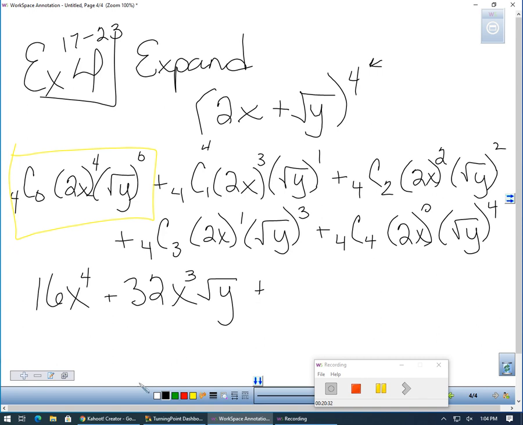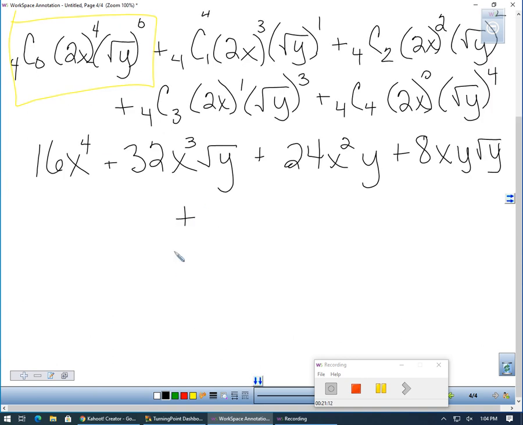Plus, this one is 6 times 4x squared, so 24x squared times y, because the square root of y squared is just y. Plus, this one is 4 times 2, which is 8x, y square root y. Tricky, huh? There's technically 3 of them.